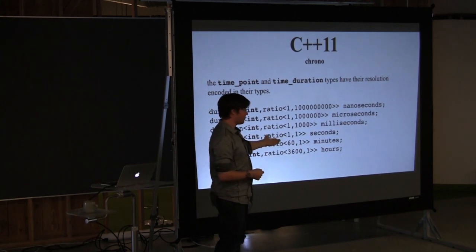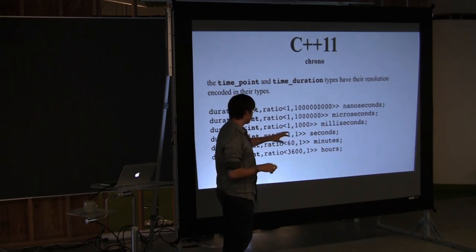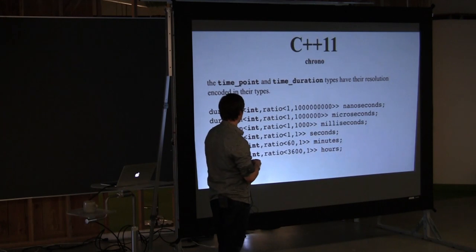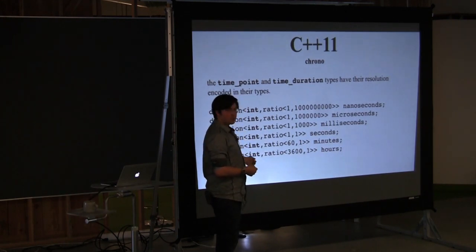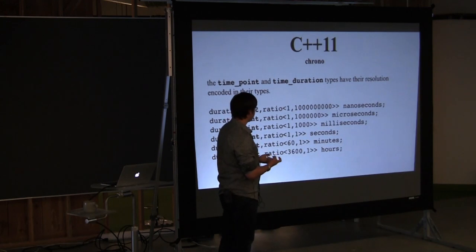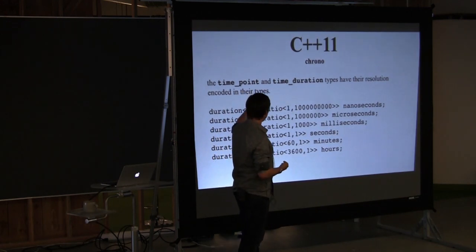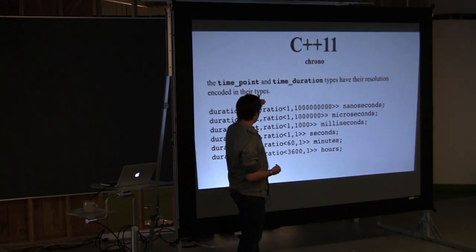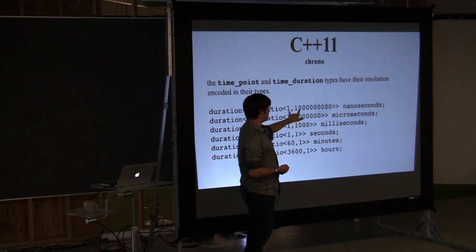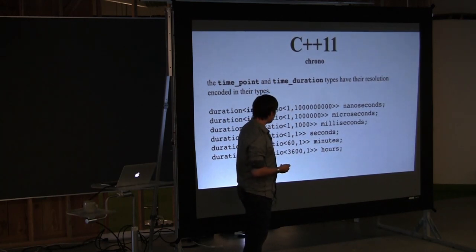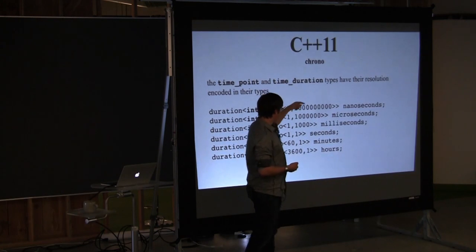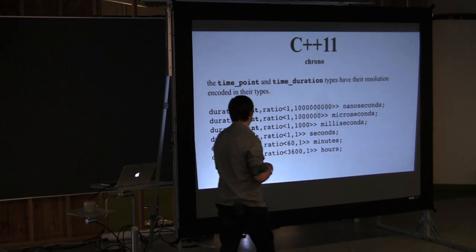Assuming that we have a second as the unit time, you can specify the underlying integral type that you want these ticks to be represented in, and then a ratio, which is a template that takes a numerator and a denominator, and the type then. So these are typedefs for shorthand.